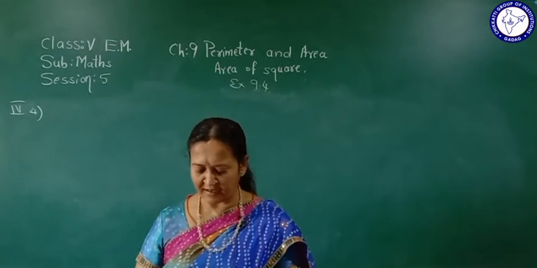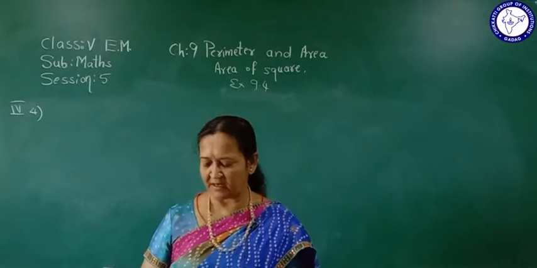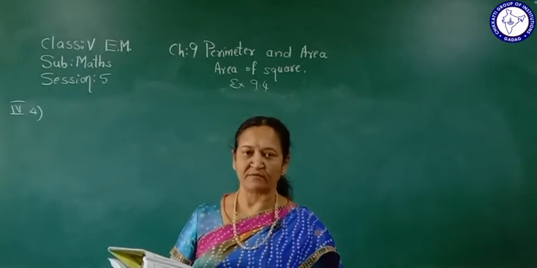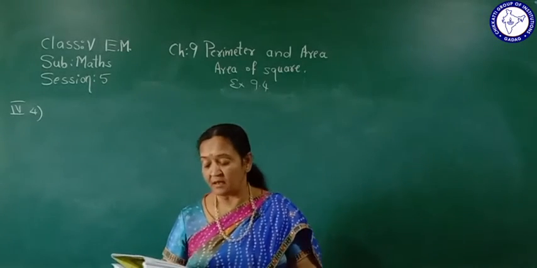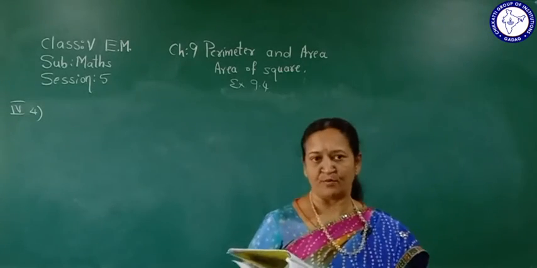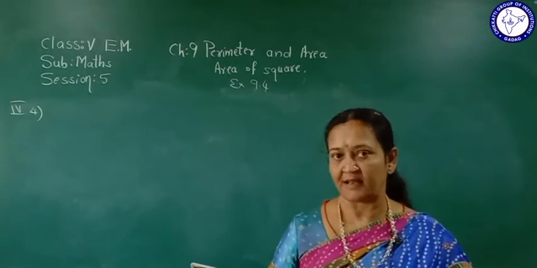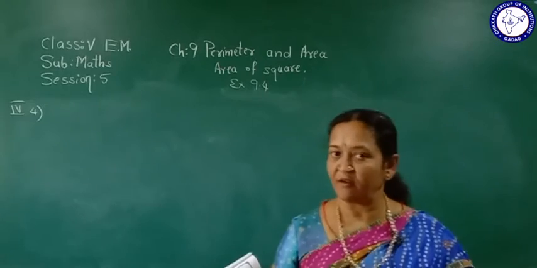How many granite stones of 2 meter into 1 meter are required to cover the floor of the room? Now check here, the room is a square room, okay, but the tiles are rectangles. So there we use the formula of a rectangle.